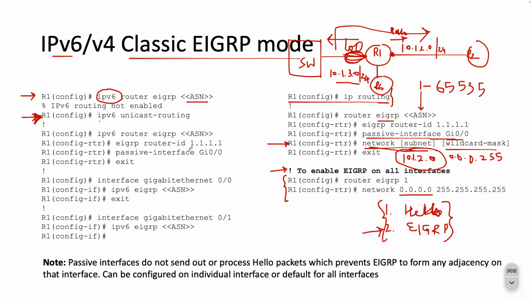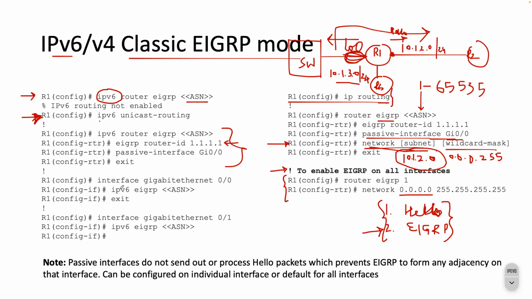In the same way, you can configure your router ID. Router ID, this is important. Here also your router ID is in 32-bit format. In IPv6 EIGRP also, your router ID is in 32-bit format. It's not in 128-bit format. Please remember. In the same way, you can define a passive interface. The other thing is, here you are not specifying network statements.